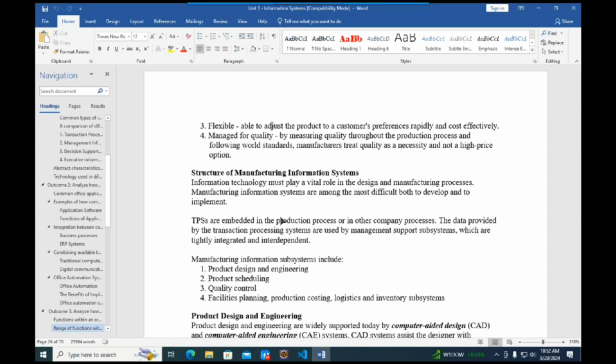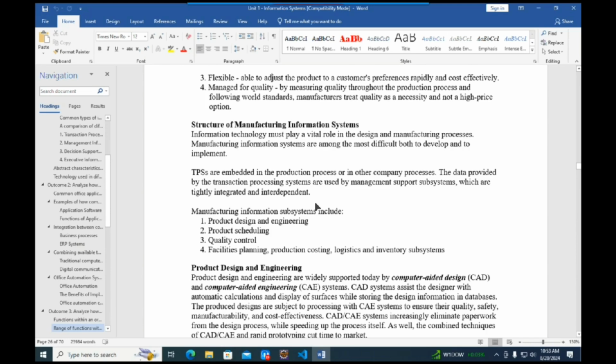They do this by measuring quality through the production process and following the world standards that are set, to make sure that quality is met and quality is not leading to a high price option.